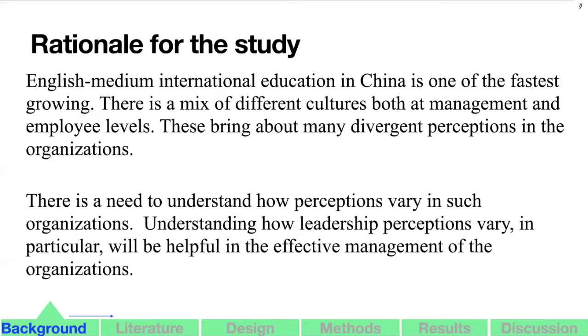And there are two segments of international education here. There is one that is for expatriates, and another segment that is for Chinese nationals who are trained to go study at some key universities overseas, say America, Canada, European countries, and Australia, for instance.